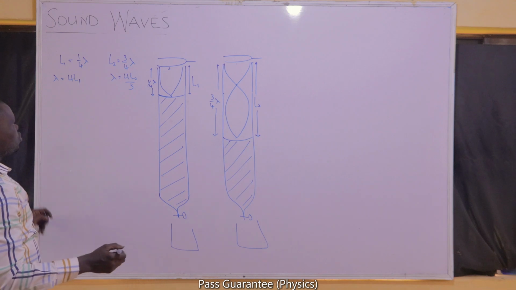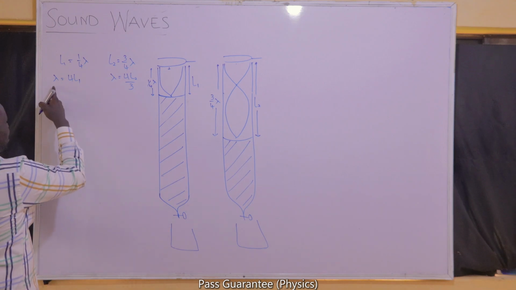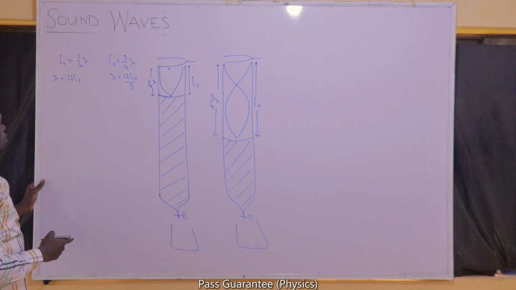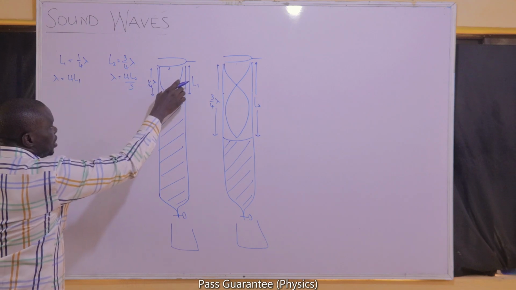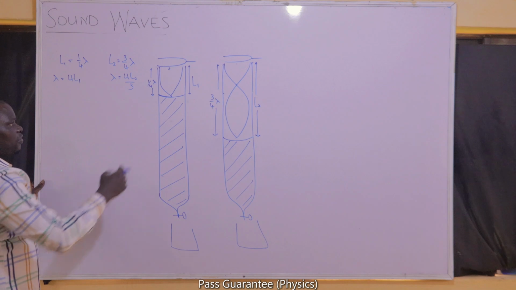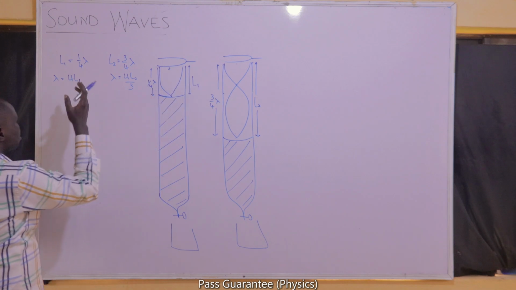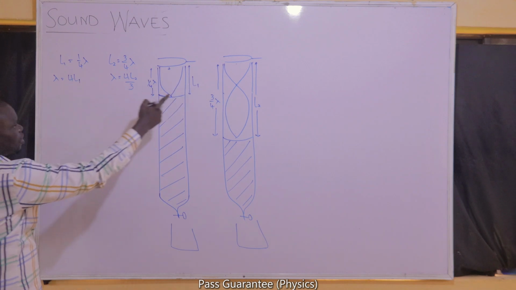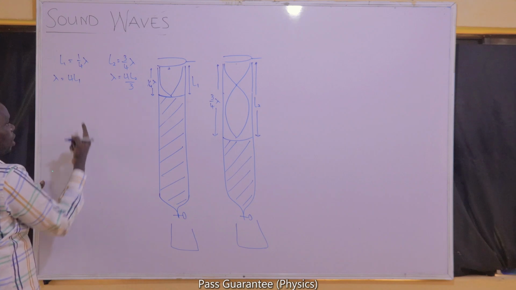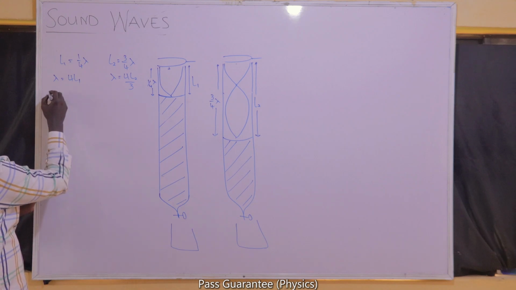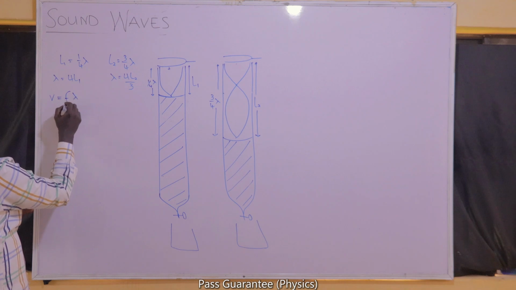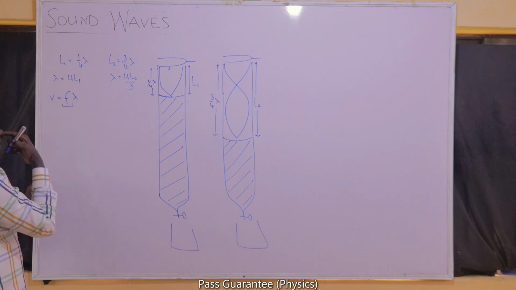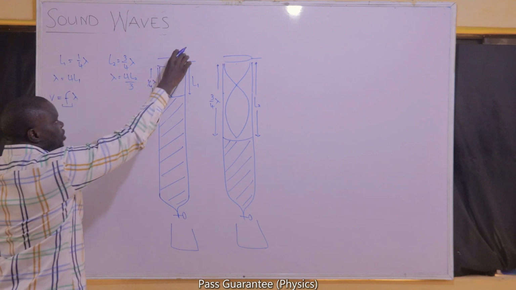So if that is what we need to do, in fact, if I have the first resonance position, I can get my wavelength. Once I know the first resonance position, my wavelength will be 4L1. And if I want to find the V, my V is equal to f lambda. Here too, it is only one frequency that we are going to use, and that's the frequency of the tuning fork.